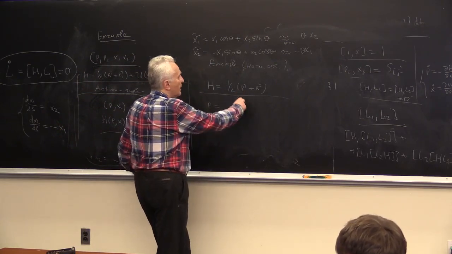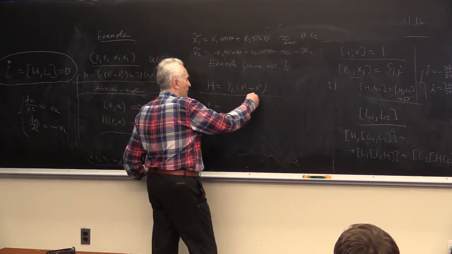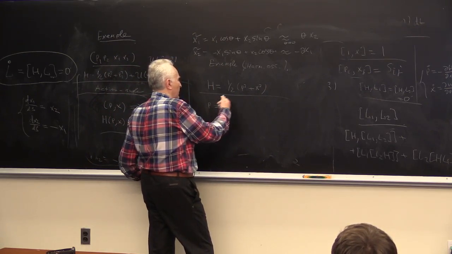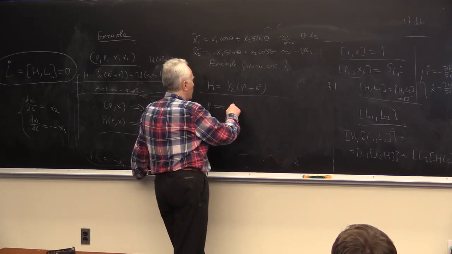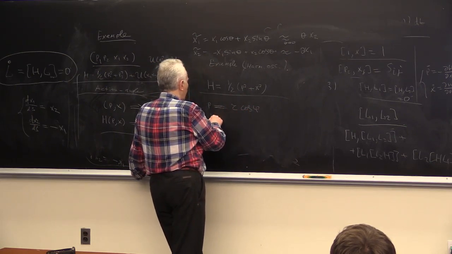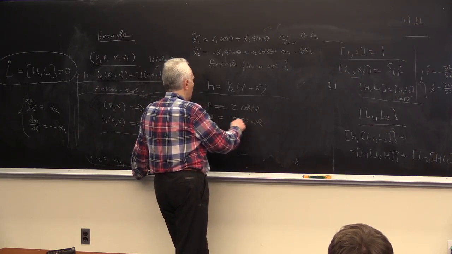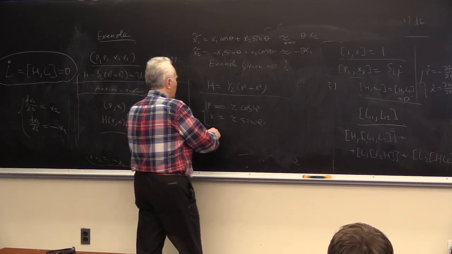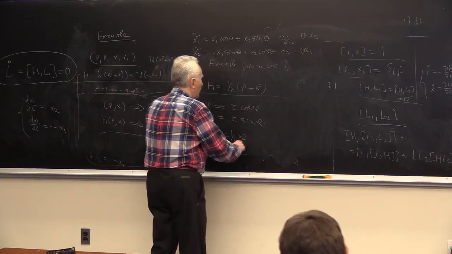What is natural here is first to try polar coordinates, just to write down p as r cosine phi and x as r sine phi. Let's change the variables like that. Then the Hamiltonian will be 1/2 of r square.